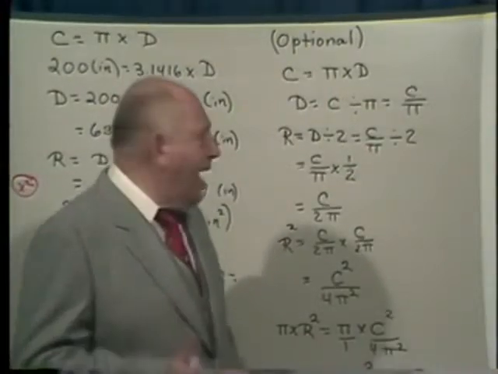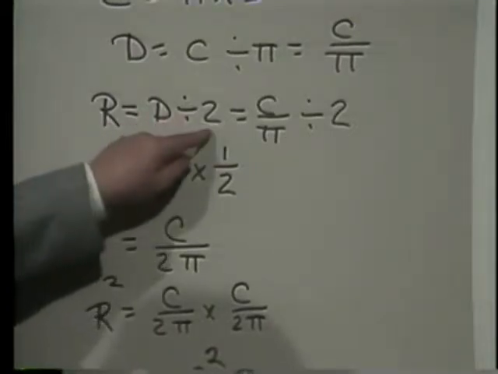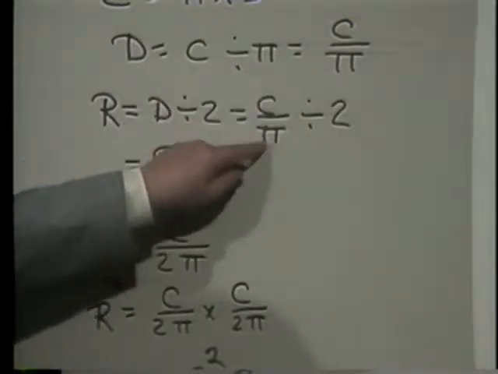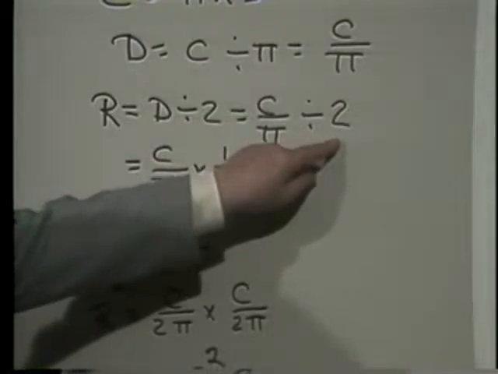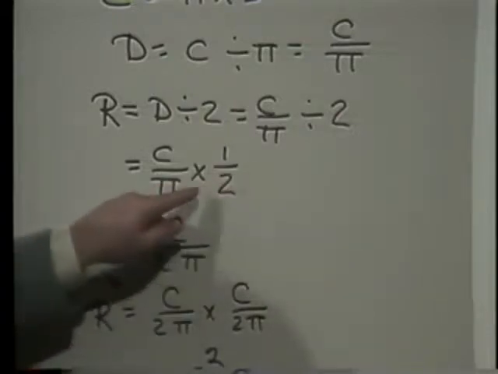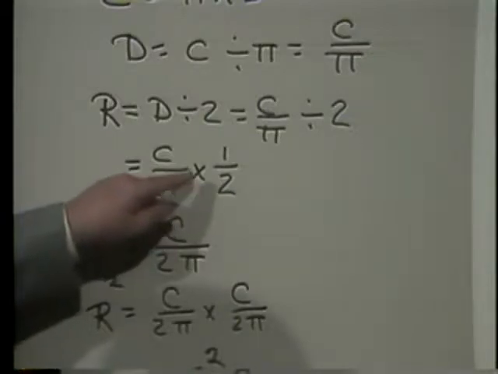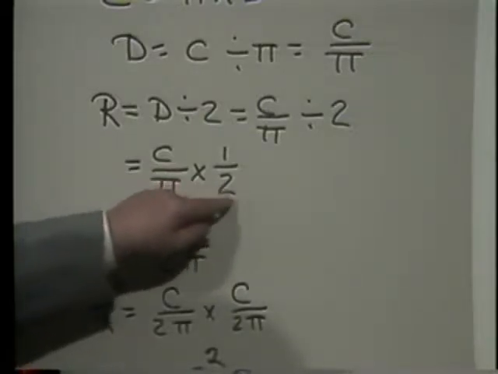What did I do after I had a diameter? After I had a diameter, I divided that by 2. See, the radius is the diameter divided by 2. But the diameter was c divided by pi. So now I divide that by 2. And watch how this happens one step at a time. It may look complicated, but it's still one step at a time. How do you divide by 2? That's a Module 5 problem. To divide by 2, you change the division to a times and invert.